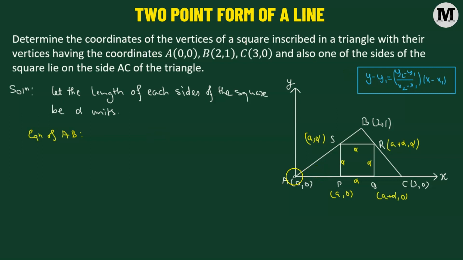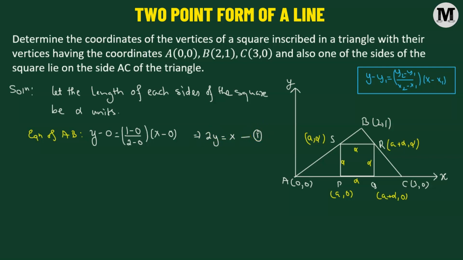Now since we have point A and point B, we can find out the equation of AB. So here we have y minus y1, and y1 will be 0. This will be equal to (y2 minus y1), that's 1 minus 0, divided by the difference of the x coordinates, so that's 2 minus 0. This will get multiplied by x minus x1, where x1 will be 0. So this is going to give us the equation 2y equals x. Fine. So let's label this as equation number 1.